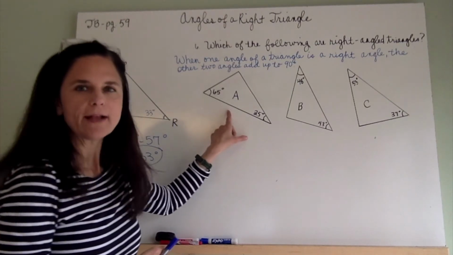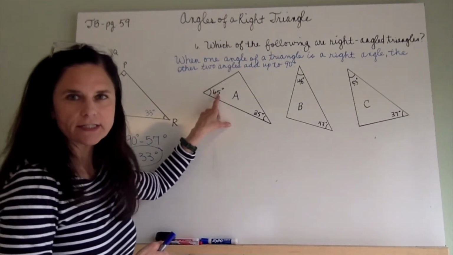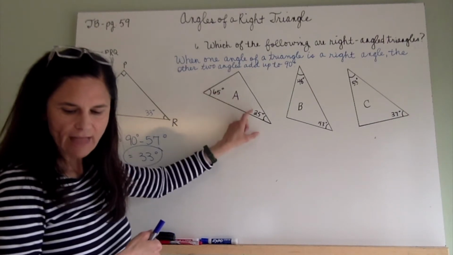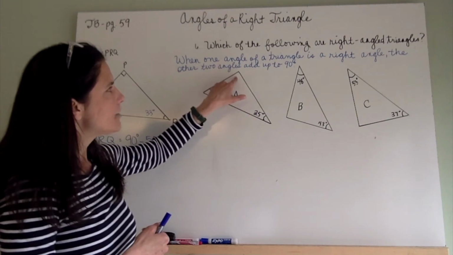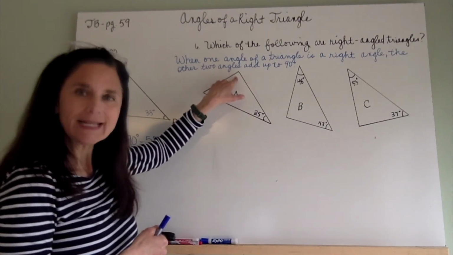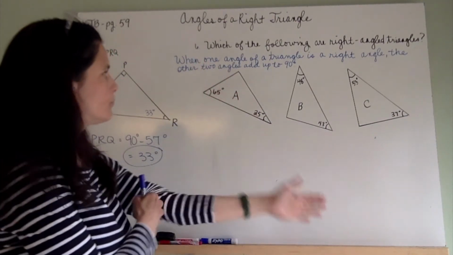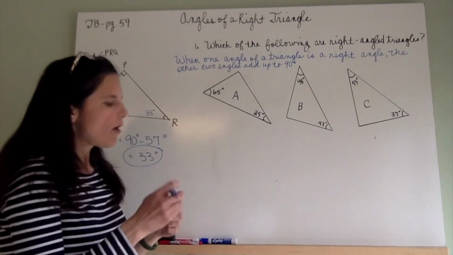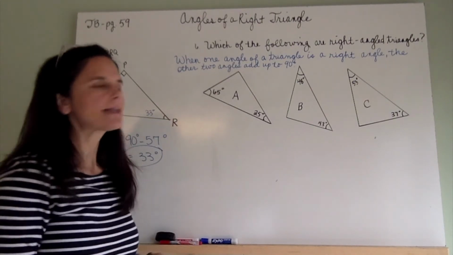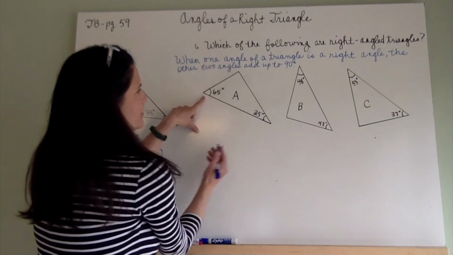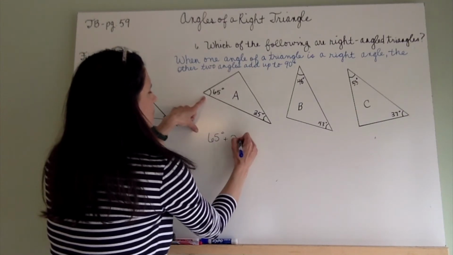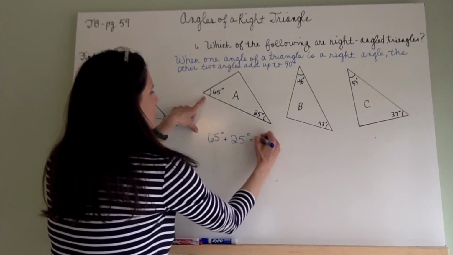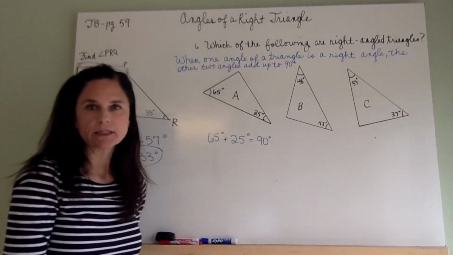So I have triangle A here, and I know that this angle is 65 degrees, and this angle is 25 degrees. And so is this angle equal to 90 is the question, because, is it a right-angled triangle? Well, the fast way to check is we can just add up these two angles. 65 degrees plus 25 degrees is equal to 90 degrees.